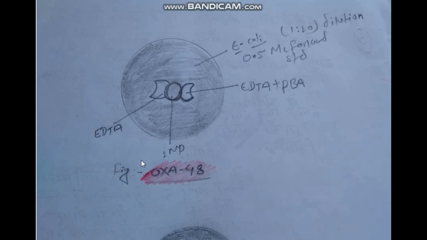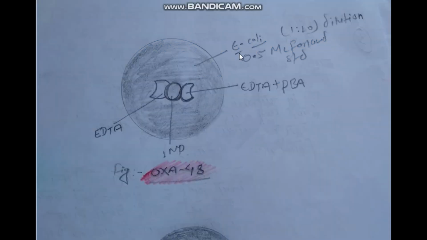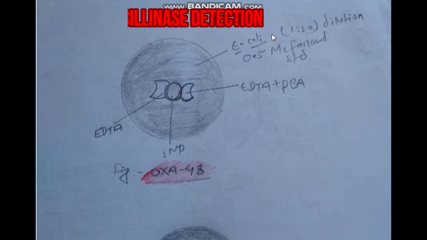Now about oxacillinase detection. Here we are concerned with oxacillinase 48. This test is based on the use of EDTA to permeabilize the bacterial cell and release lactamases into the external environment.